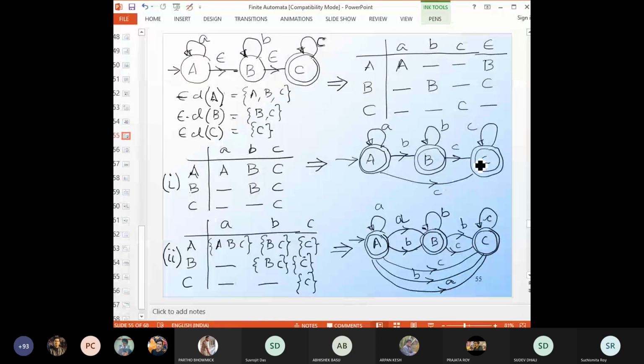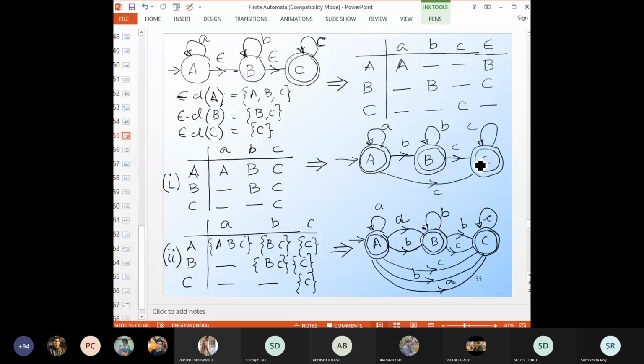So, important point to note here is that for the same language, it is possible to have more than one NFA, more than one epsilon NFA. So a number of different NFAs, in fact, a number of different DFAs might recognize the same language.